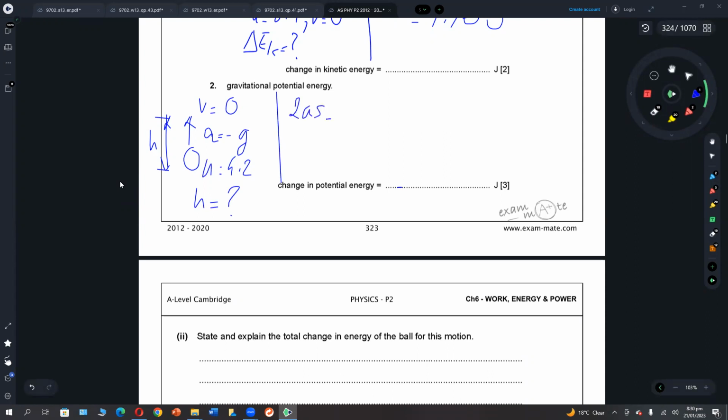2as is equal to v square minus u square.